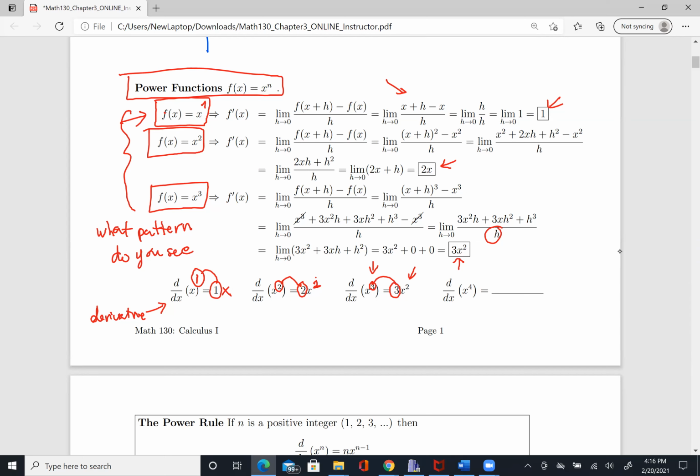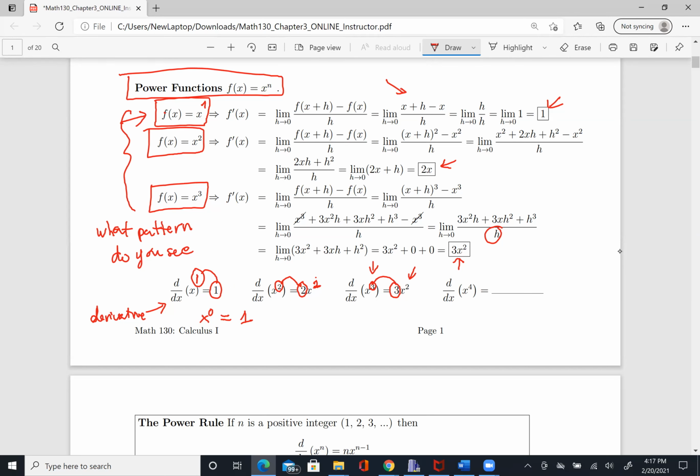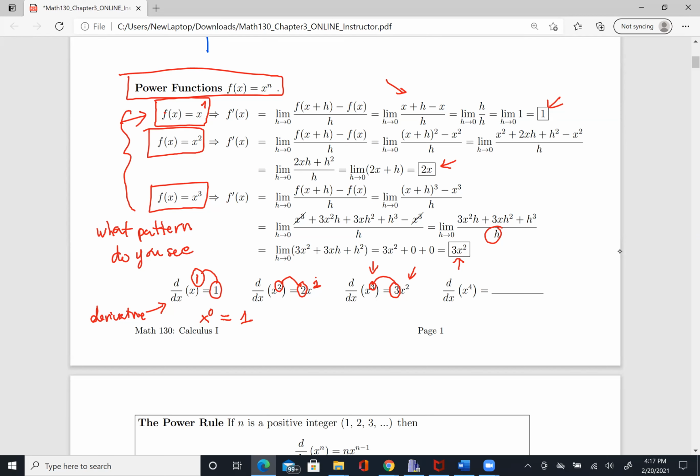So 1 minus 1 is 0. So x power 0. Keep in mind that x power 0 is equal to 1, so you don't even need to write the x. That is the reason why the derivative of x equals 1. So it exactly goes by that pattern, right?